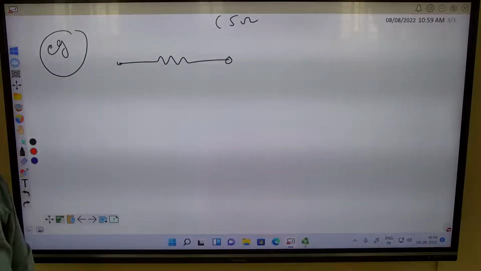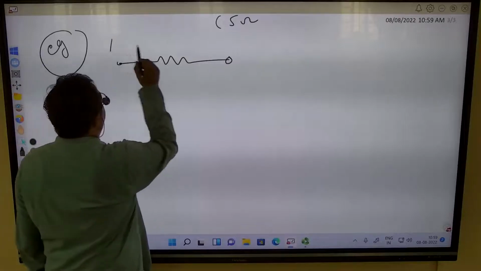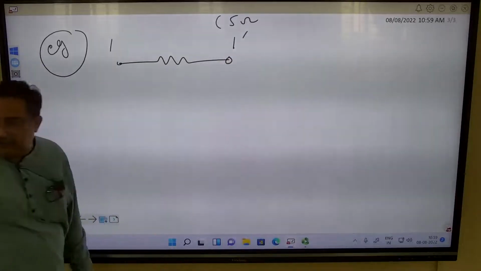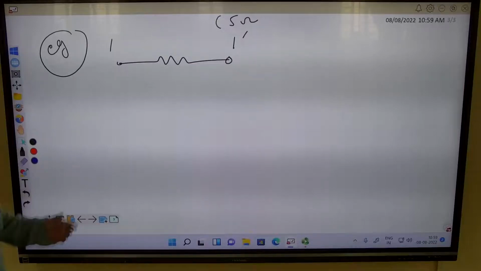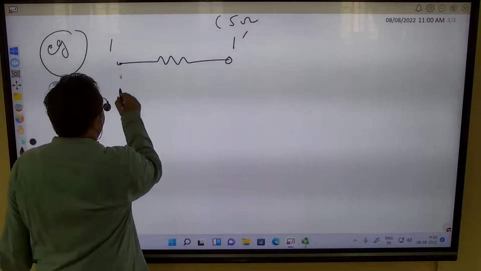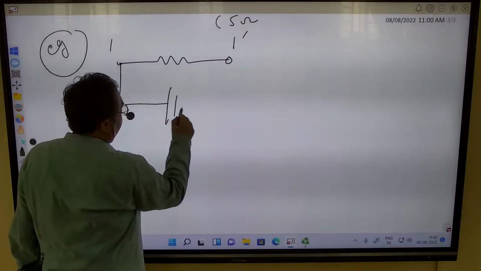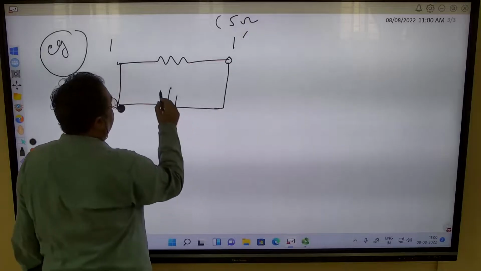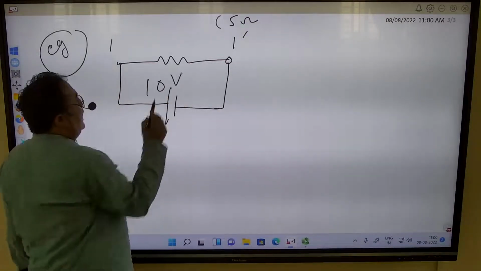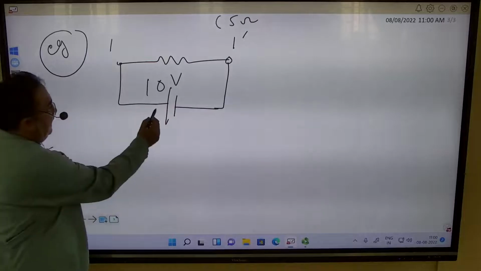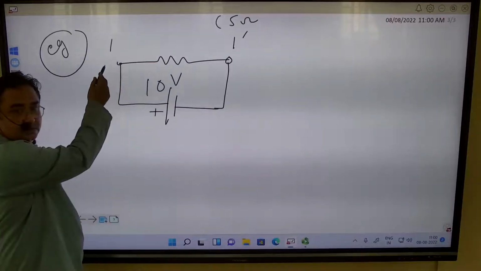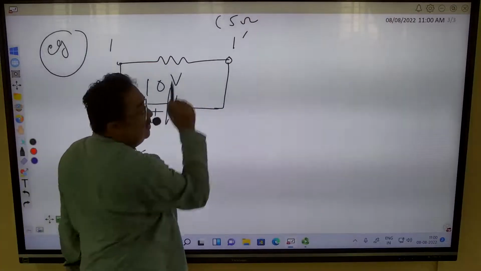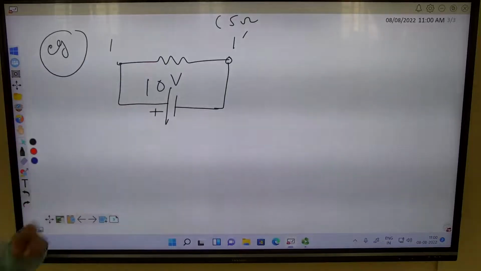Now there are two terminals, one is 1 and another is 1 dash. Clear? Now I am applying a voltage across it, 10 volt, with plus sign on one side and minus sign on one dash. This is clear?